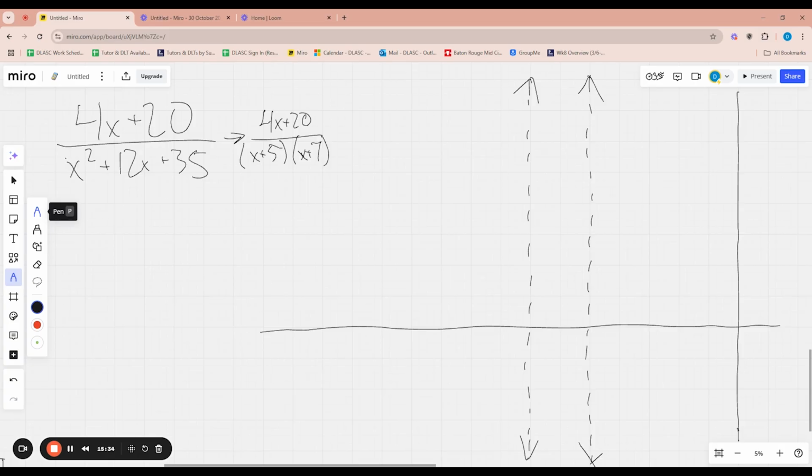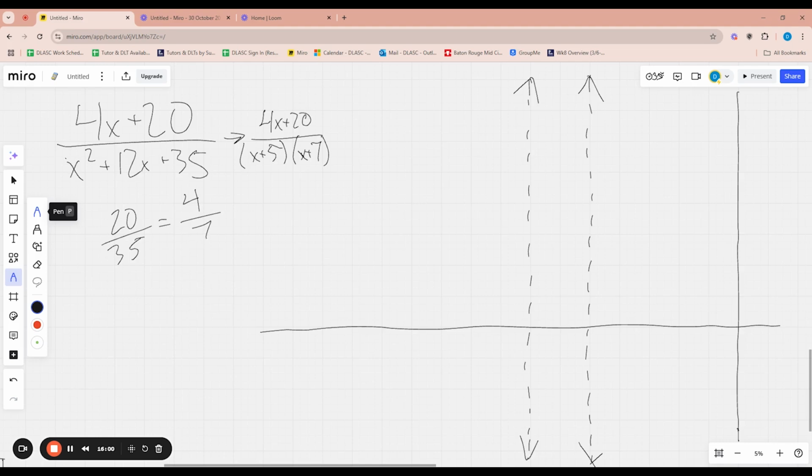We'll go 4 times 0 plus 20. That's going to be 20 in the numerator, and 0 plus 5 times 0 plus 7 in the denominator. That's going to be 5 times 7. So it'll be 20 over 35. If you divide those by 5, that is 4 over 7.